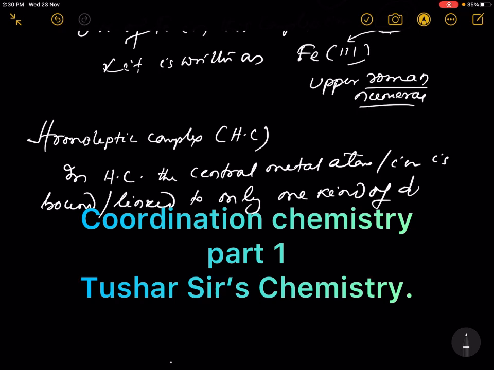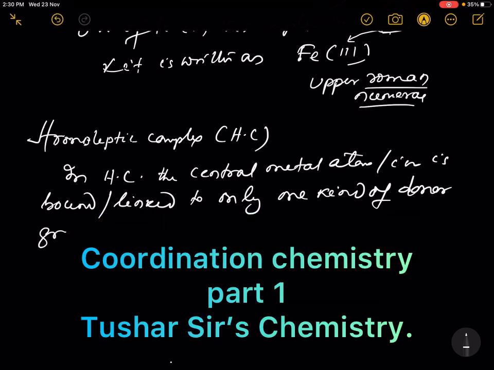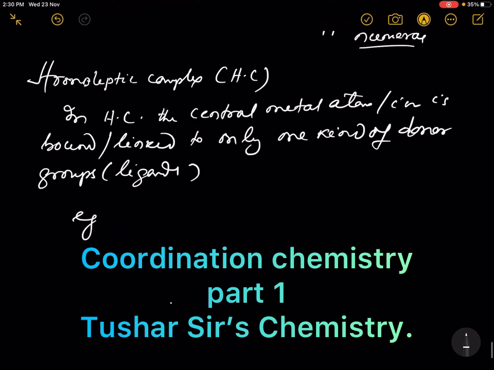Example, [Co(NH3)6] 3 plus. Here ammonia is one type of ligand or one donor group, and there are 6 donor groups, so it is homoleptic. Homo means same type of ligands are there.